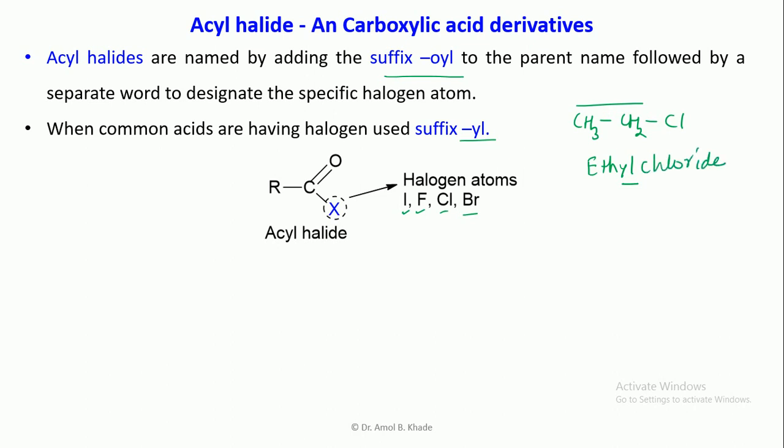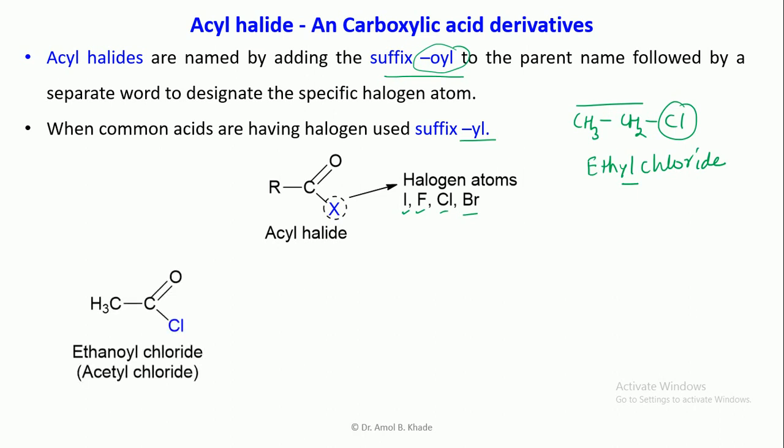But when the compound is not a normal alkyl but a carboxylic acid, and the OH group is replaced by chlorine, we have to use the suffix oyl. You can see in this structure X is the chlorine.